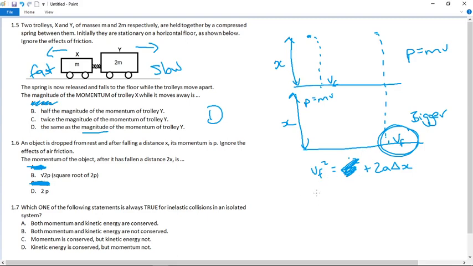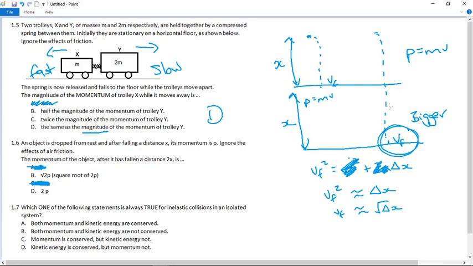Now remember, this is giving you Vf squared equals 2a delta x. We're going to ignore the 2 because for both times we drop the ball, the 2 stays the same. We're going to ignore the a because for both times it stays the same. So we end up with Vf squared being related to delta x like this. So Vf is going to be the root of delta x.